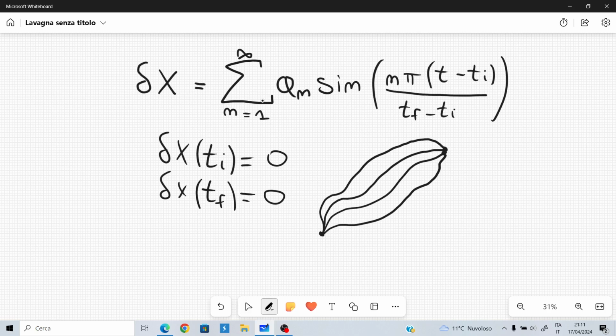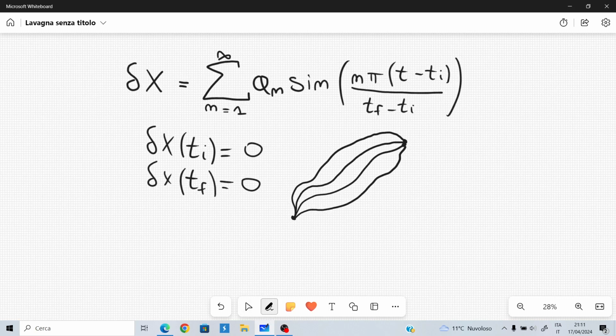So once you write this expression, you can also evaluate at this point the change in the action. So this delta S is a perturbation of the action due to the perturbation of the trajectory.